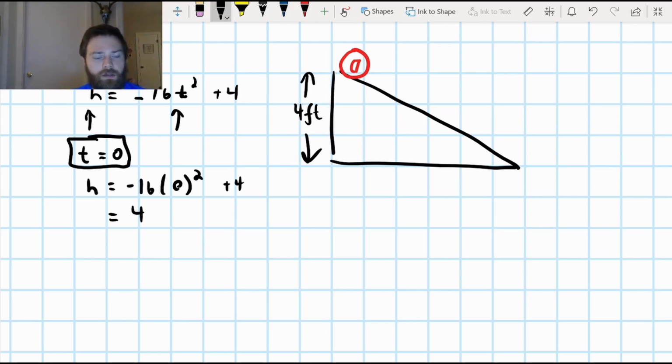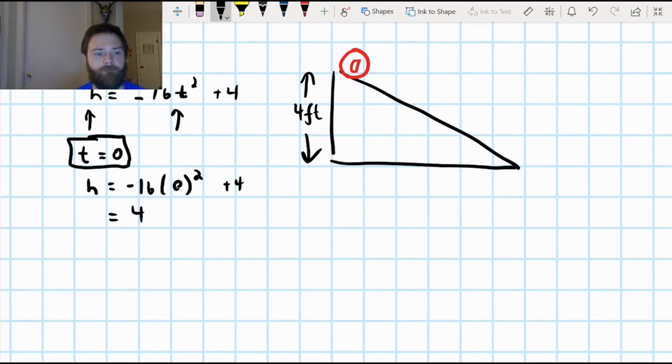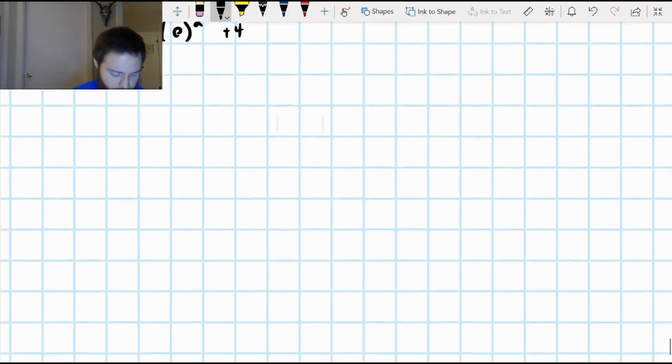Okay. So it says, explain how you would use the equation to determine the time it takes the ball to reach the floor. If the ball reaches the floor, there's a few ways we can tackle this.